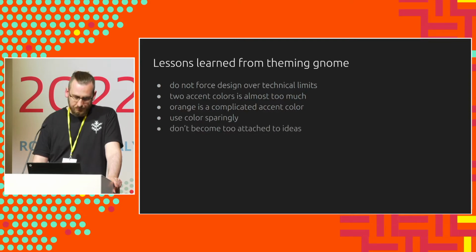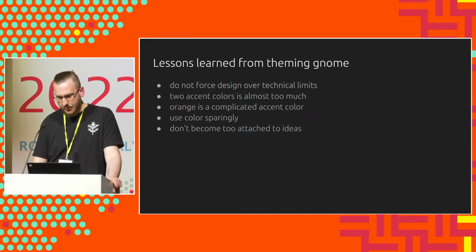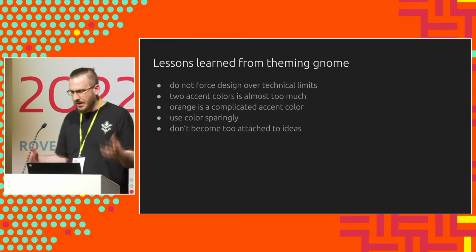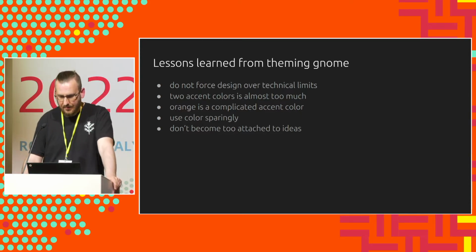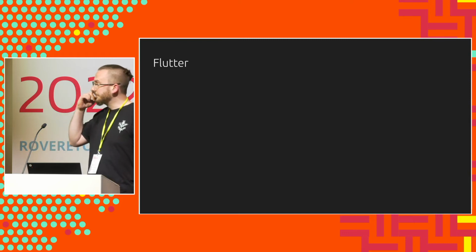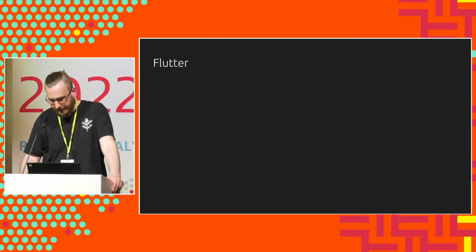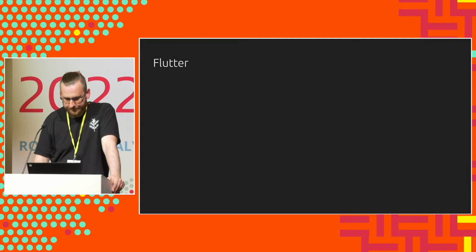And also, especially if you follow the ideas of other toolkits, don't become too attached to ideas. If they change their stuff, it's okay. Things change. All right, so what's Flutter? Flutter is a UI toolkit made by Google. And I don't want to talk too much about Flutter, how it works.